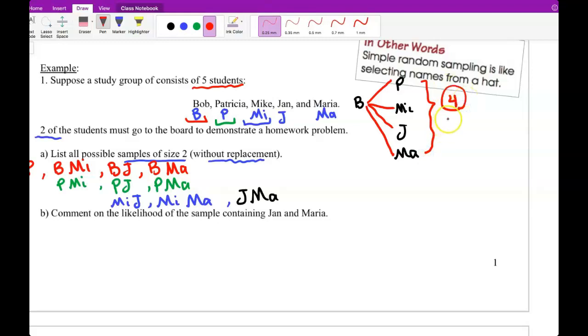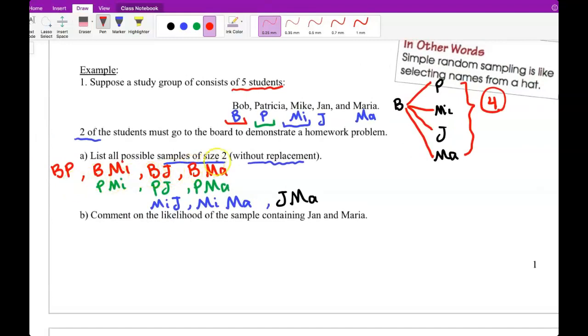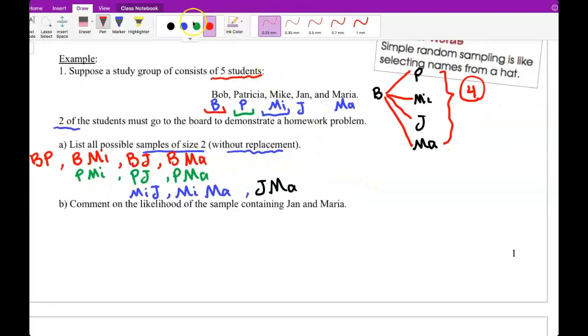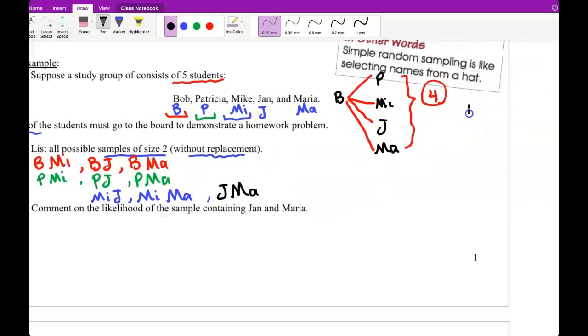Here I have 4 possible samples in the first row. Then I started from Patricia, and on the right side we have Mike, Jane, Maria.